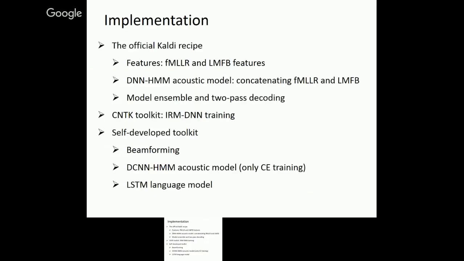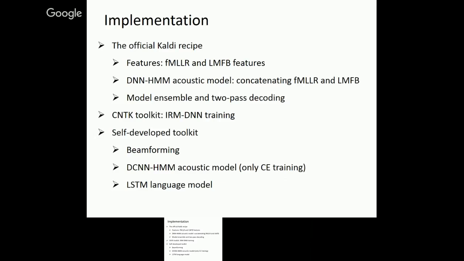For the overall implementation, we first use the official Kaldi recipe to extract the fMLLR features and log mel filterbank features, and we train the baseline DNN-HMM acoustic models by concatenating the fMLLR and log mel filterbank features. For the model ensemble and 2-pass decoding, we also use the official baseline recipe.